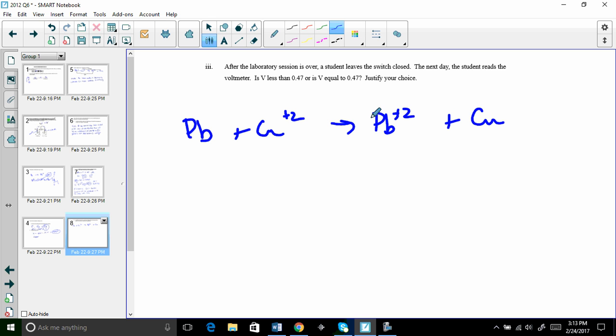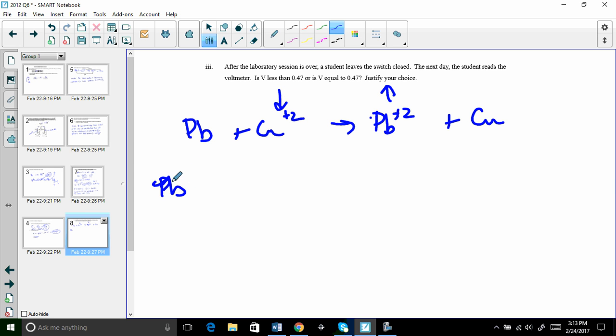Now remember, lead is turning into Pb2+, so this mass is going down, but this concentration is going up as the battery runs. And this is the one that's reduced: Cu2+ is turning into copper, so this concentration goes down.